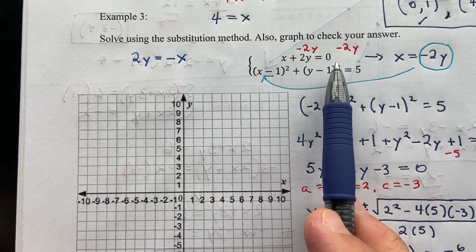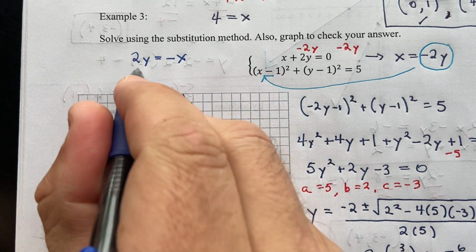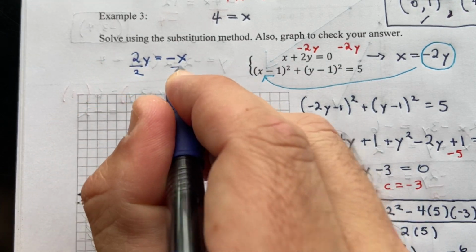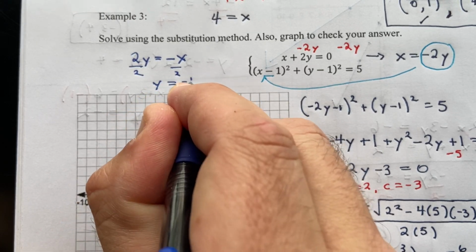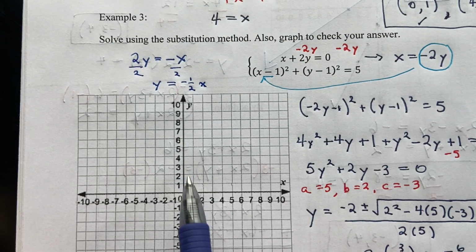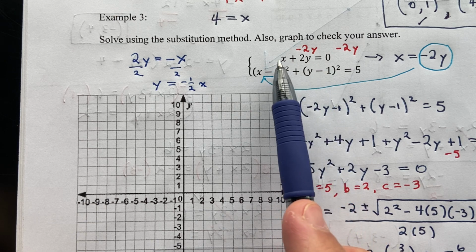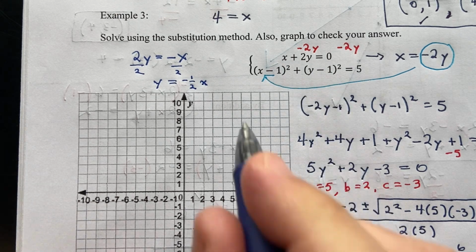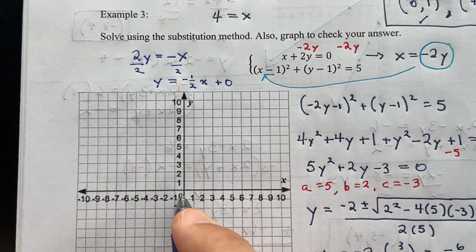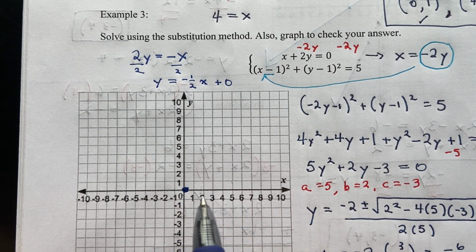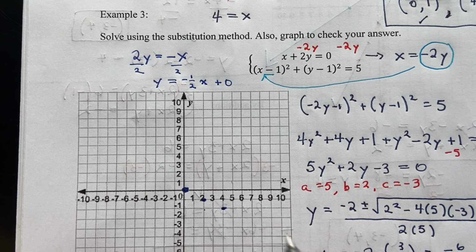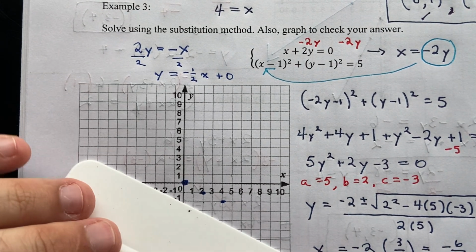Subtracting over that x. Divide by the 2. So y equals -1/2 x is this first one in slope-intercept form, right? We have a +0. So we start at 0. We go down 1 over 2. Down 1 over 2. And I'll make this line.